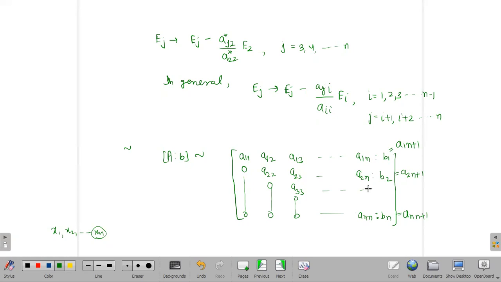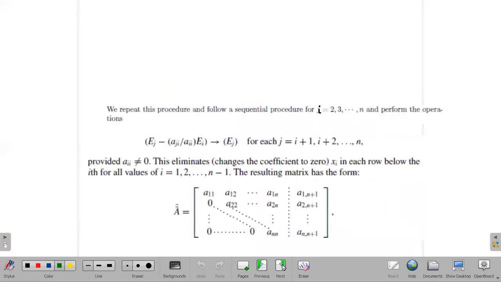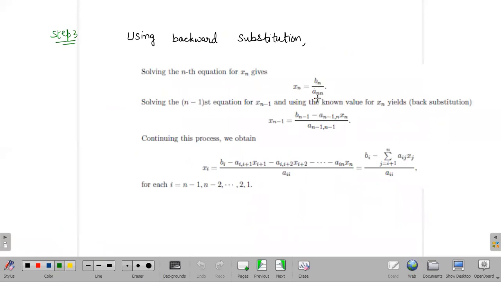So start from the back: from the last row of the upper triangular matrix, 0 into x1, 0 into x2, 0 into xn minus 1 plus ann into xn equals bn. That gives you xn equal to bn by ann.